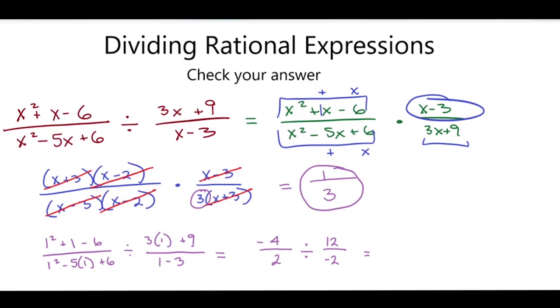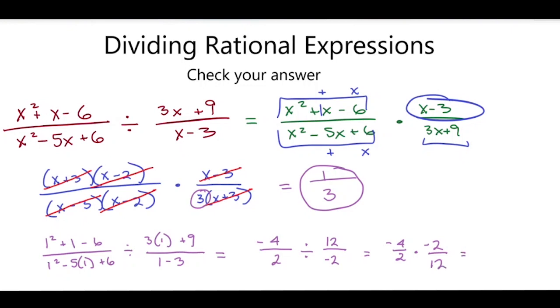All right, so we're going to multiply by the second fraction's reciprocal. So it'll be -4 over 2 times -2 over 12.